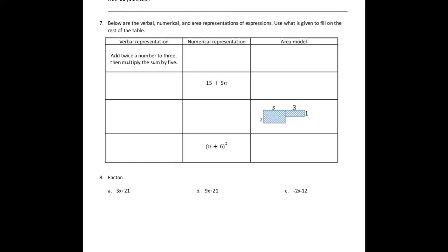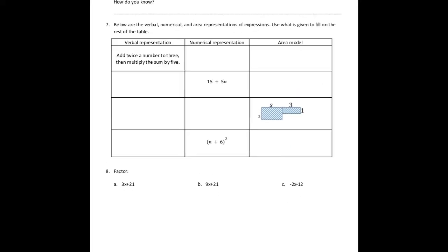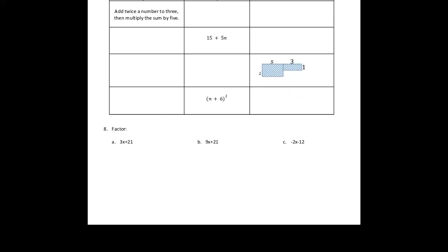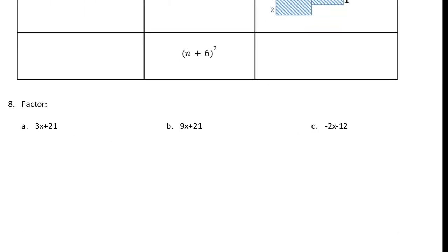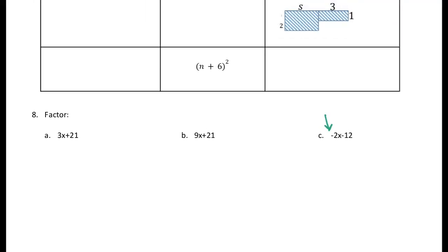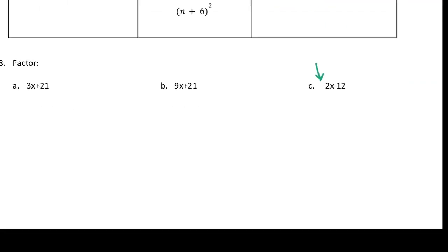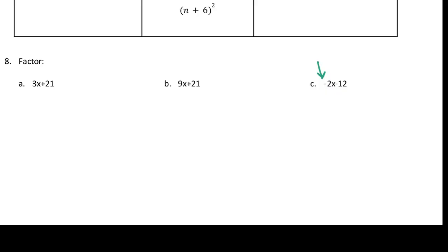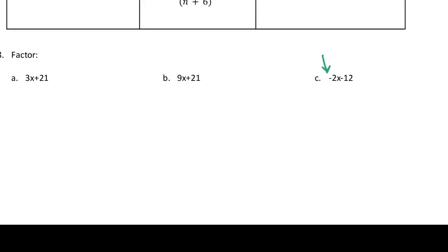Any other quick questions? You know how to factor. Make sure you factor out a negative if your first term has a negative. Hey, let's look at 8b while we have some extra time. What is my factor going to be for 9x plus 21?